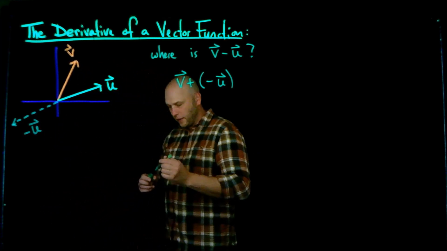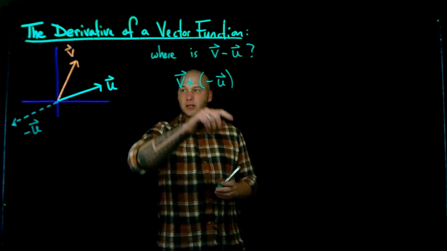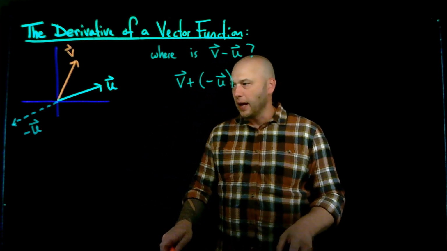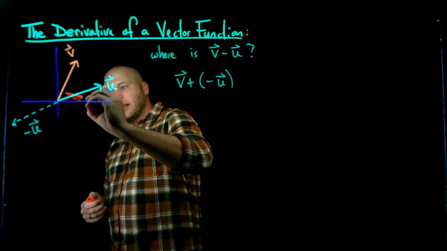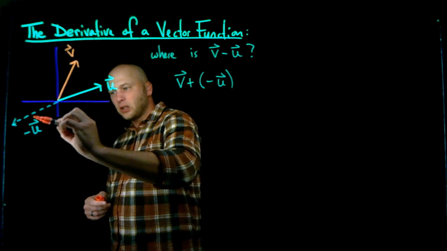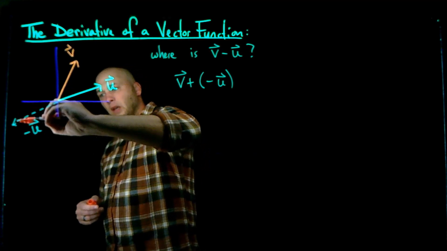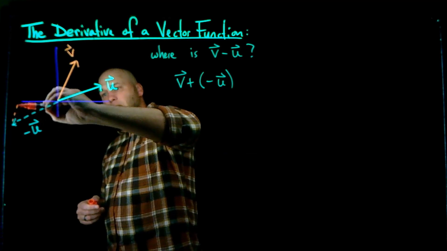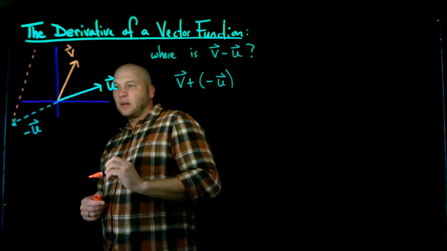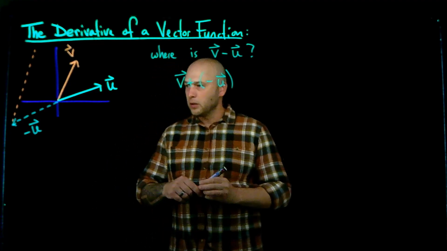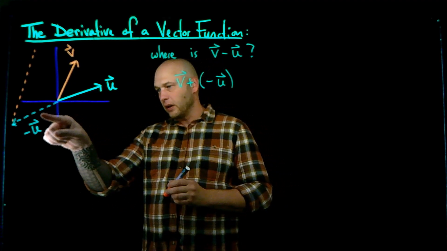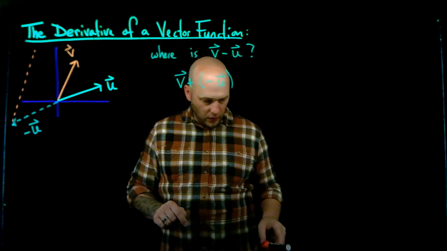Okay, and then if I want to add v plus negative u, I'm going to plot the line that is parallel to v, but starts at the tip of negative u. And then I'm going to draw the line that's parallel to negative u, but starts at the tip of v.